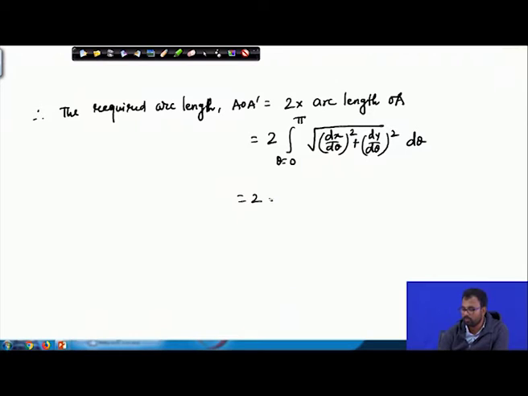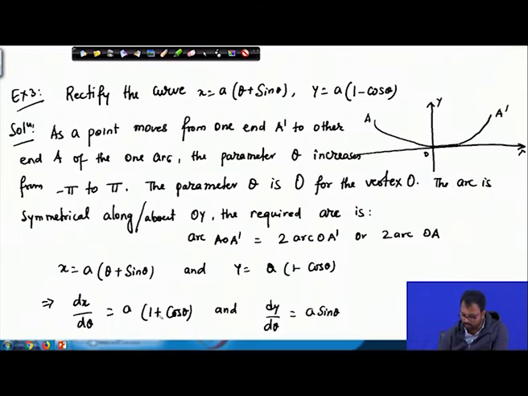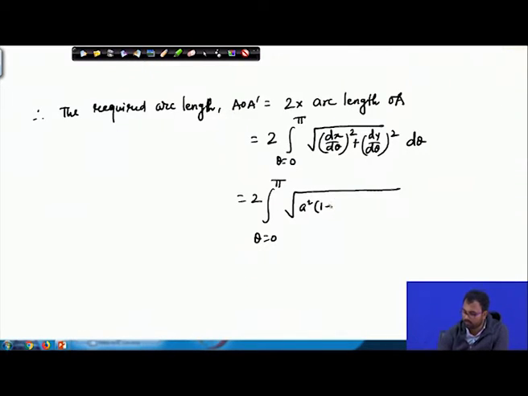Now, this is 2 times the integral, theta running from 0 to pi, of the square root of a squared times 1 plus cos theta whole squared plus a squared sin squared theta.